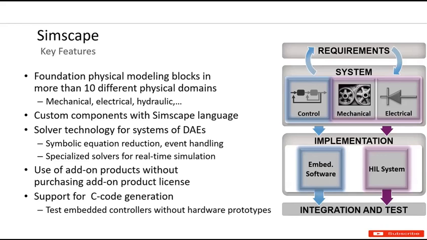Also, Simscape has support for C code generation, meaning that once you have your model in Simscape, you can automatically generate the C code out of it, which you can deploy to any hardware. So you can test your algorithms directly on any embedded microcontrollers or other hardware directly from Simscape.